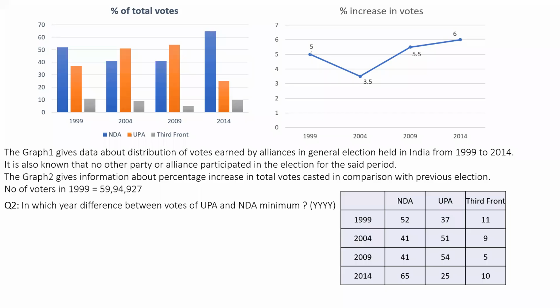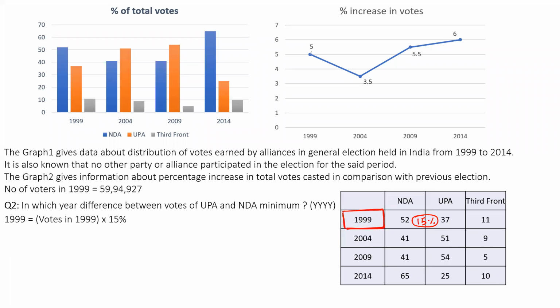Question 2. In which year is the difference between votes of UPA and NDA minimum? In order to calculate this, for example, if I have to calculate the difference between the votes in the year 1999, I'll just take the difference of percentage, which is nothing but 15 here, and I will calculate 15% of total votes received in the year 1999.